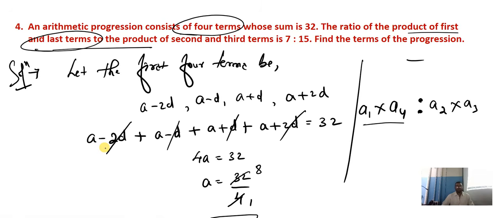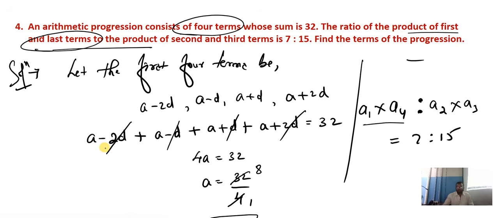Yes, sir. Ratio is equal to product means multiplication. किसे किसे multiply करना? a1 into a4 की वैल्यू को a2 और a3 की वैल्यू को रेशियो करना. a1 into a4 is to a2 into a3 is equals to 7 is to 15. Understood? Yes, sir.